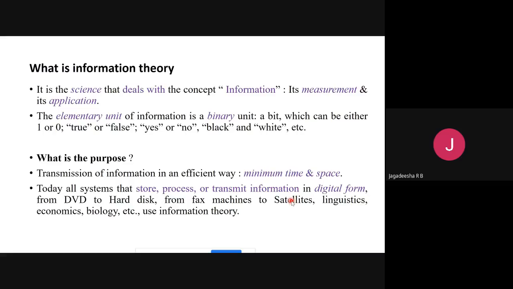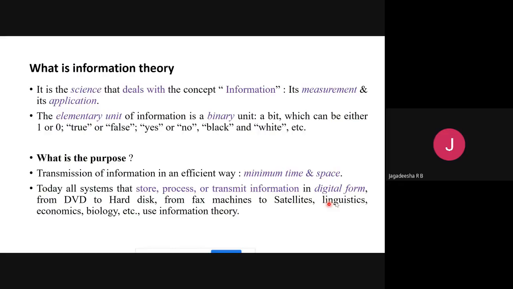There's a lot of distance involved between the Earth, the ground station, and the satellite in space. So in this context, how do we need to represent the information? Because when we transmit from here to the satellite, if most of the information is lost, then it's a waste. So how can we achieve efficiency?